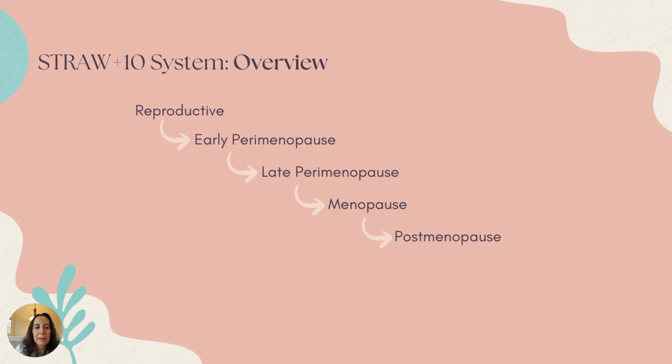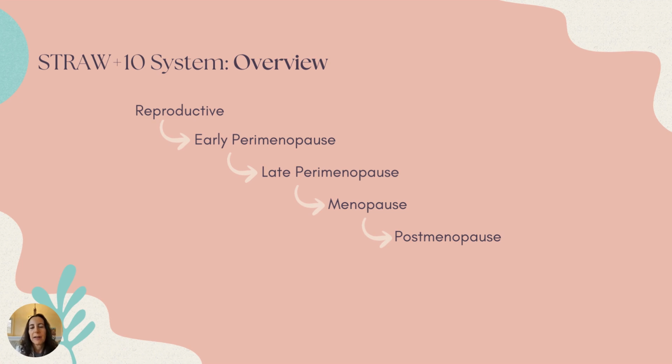So there was a really nice study that created the STRAW+10 system. It's an overview, basically showing that there are 10 phases to the transition to menopause. I've only separated them out into 5: you're in your reproductive phase, then you go into early perimenopause, then late perimenopause, then menopause, finally postmenopause.